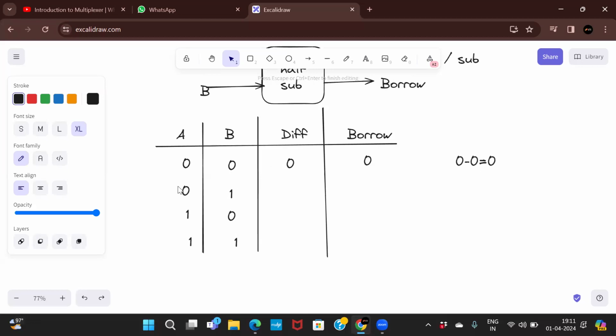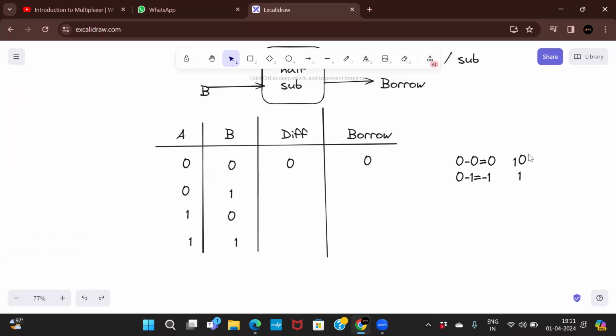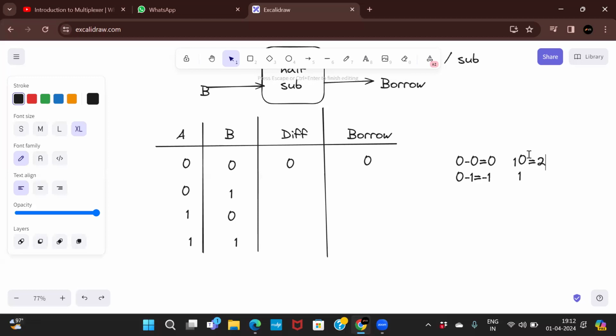Similarly for 0 1, can you do 0 minus 1? The output is minus 1, and we can't do minus 1 in circuits. So we take one borrow, and the 0 becomes 10, that is 2.